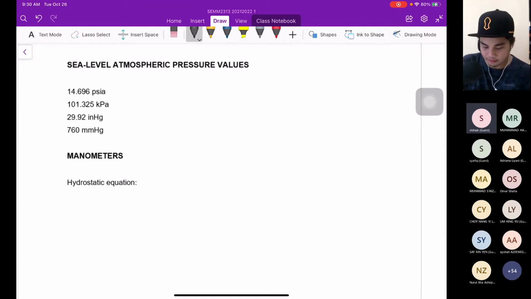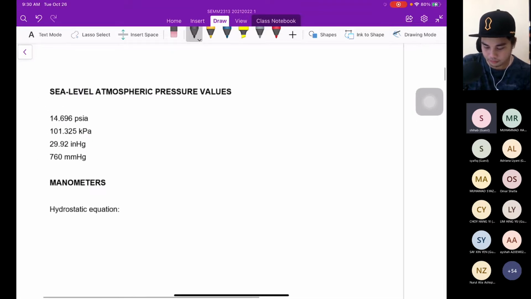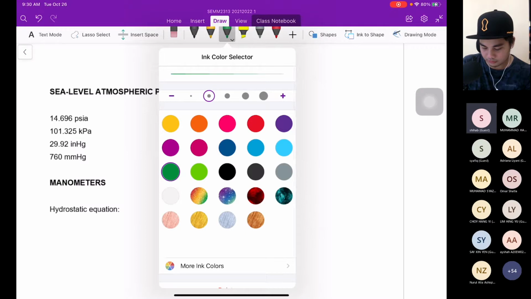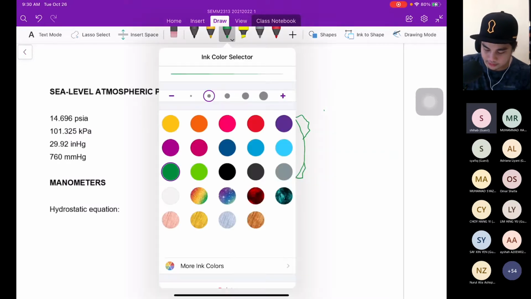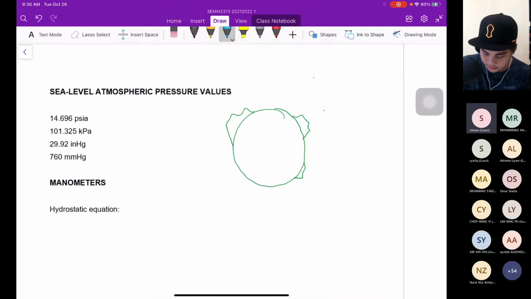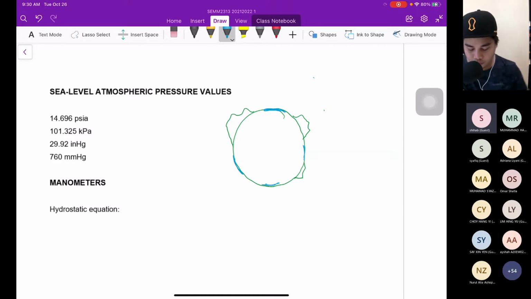For example, this is our Earth, and then we have a mountain, and then we have the sea. Which point is appropriate to put as a reference point?